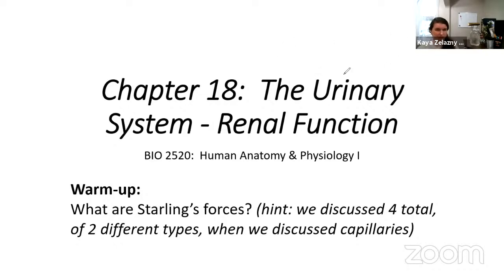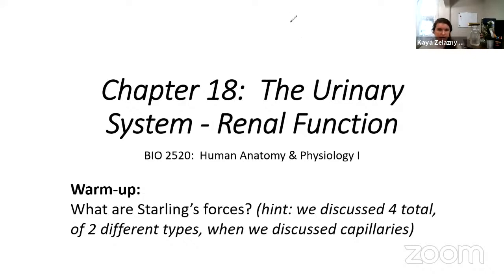We talked about reabsorption, which is things moving out of the filtrate, out of the nephron and back into the bloodstream. And we talked about secretion, which is things moving from the bloodstream, later on in the nephron, back into the fluid in the nephron.